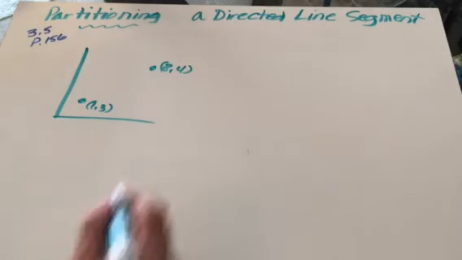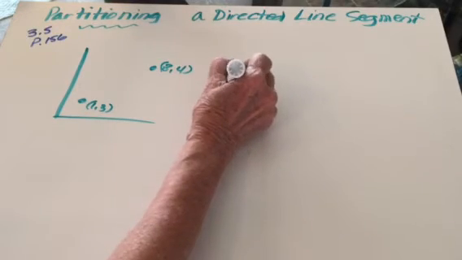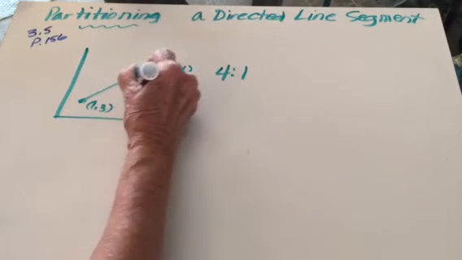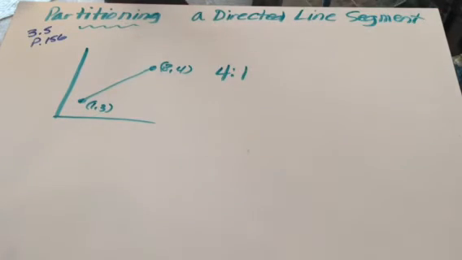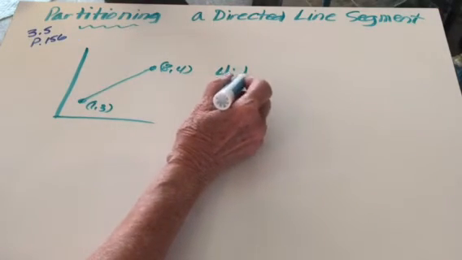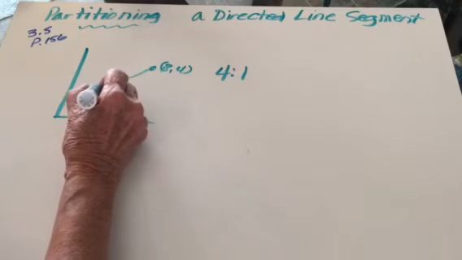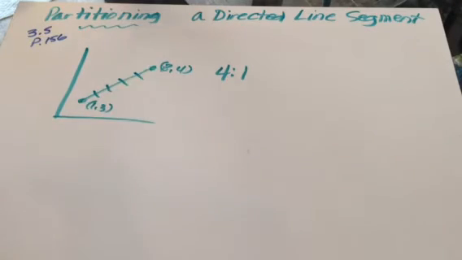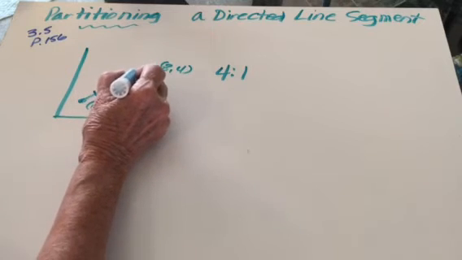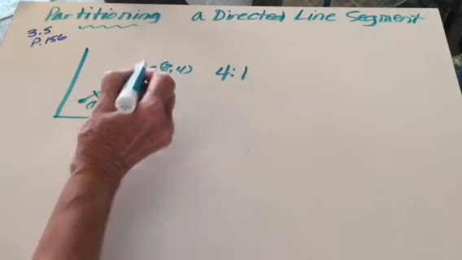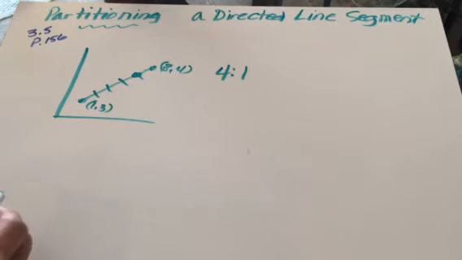And the ratio is going to be 4 to 1. That means, again, I'm going to divide that thing into 5 sections. On the bottom, I'm going to have 4. On the top, I'm going to have 1. They want to know what that coordinate point is called.